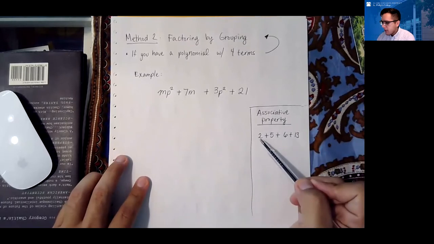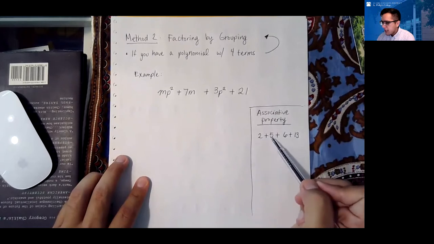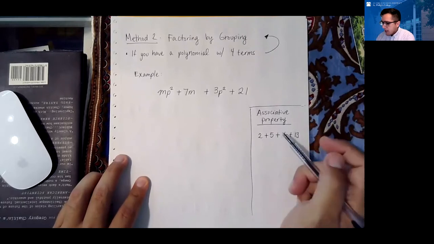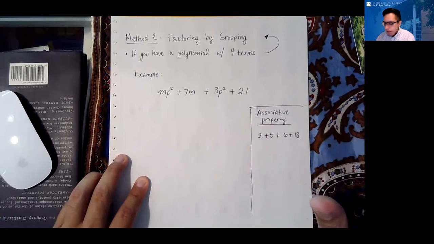Let's see what I get. So 2 and 5, maybe I want to do 8 there, 13. That should be 26. Okay. So if I add them all just straight across, I get 26.